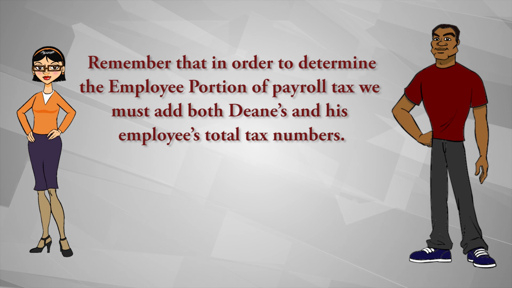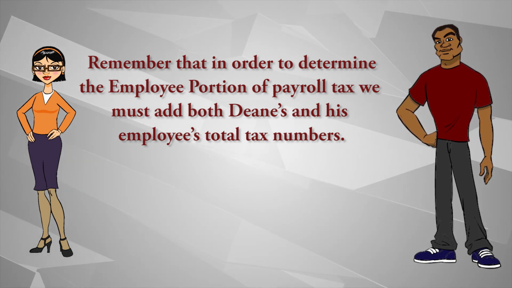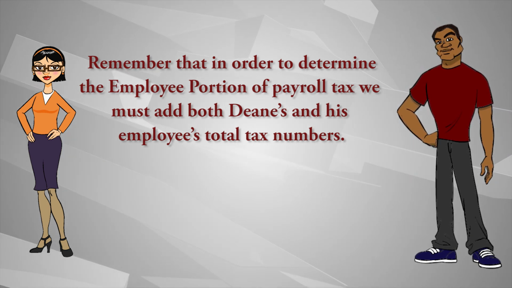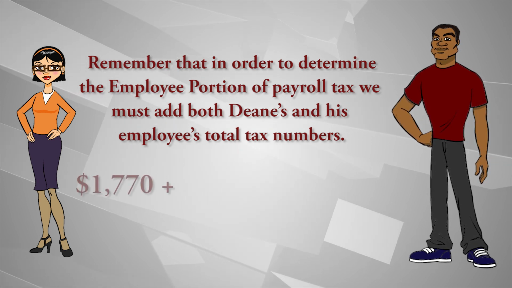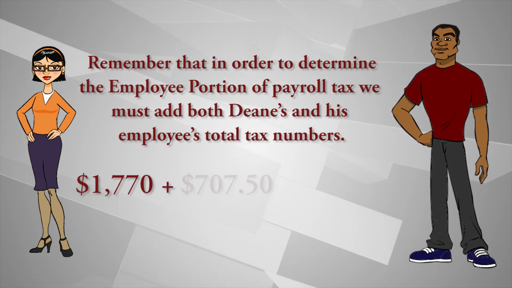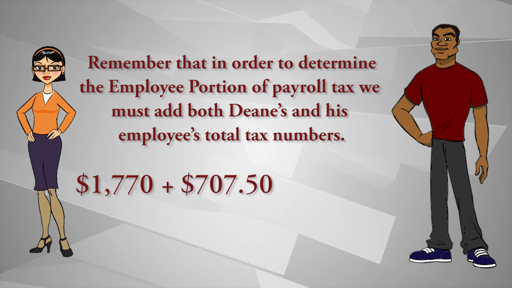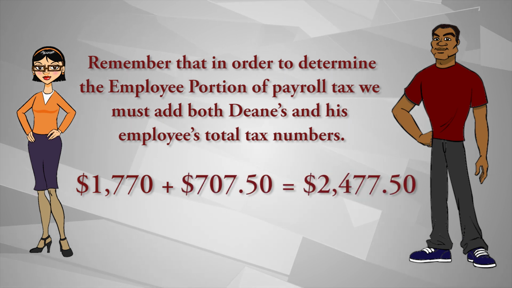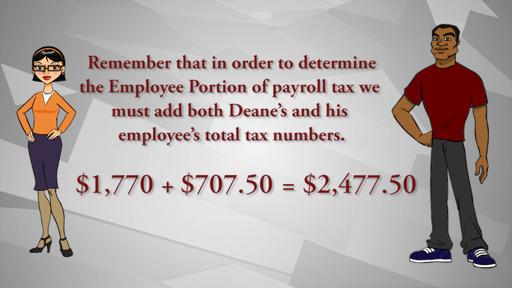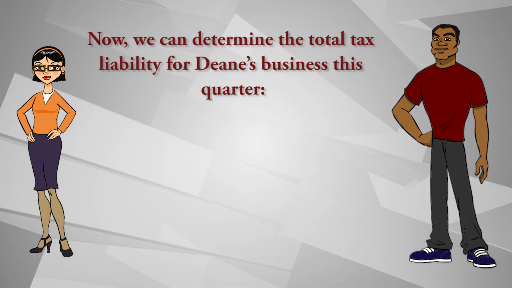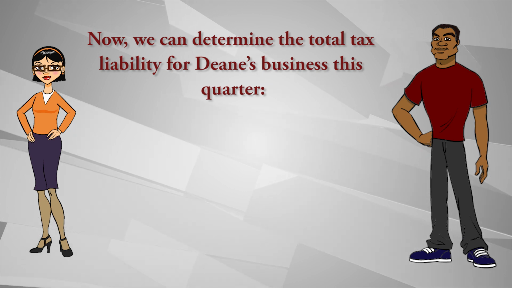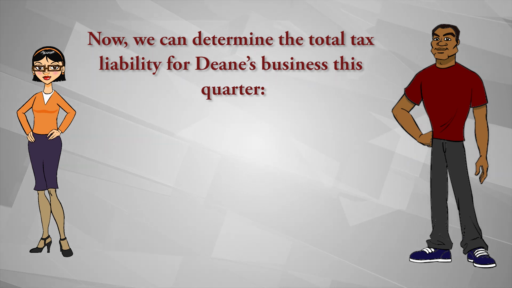Remember that in order to determine the employee portion of payroll tax, we must add both Dean's and his employee's total tax numbers. That's $1,770 plus $707.50, and that equals $2,477.50. Now we can determine the total tax liability for Dean's business this quarter.